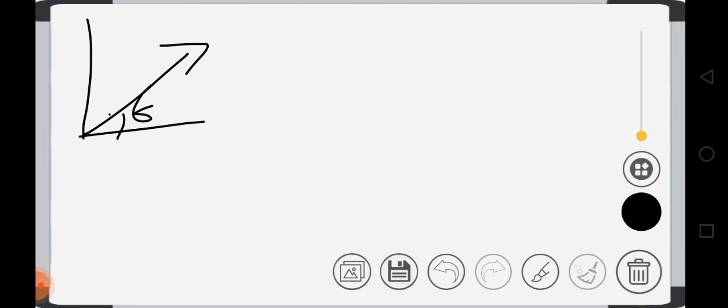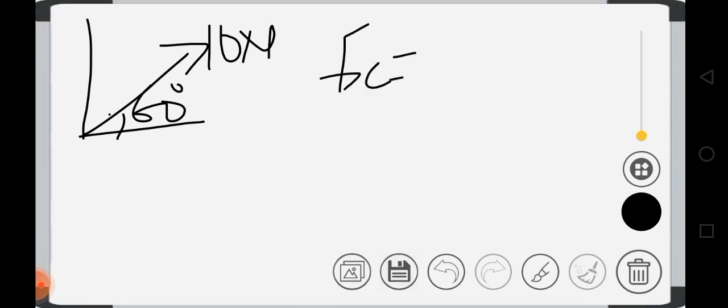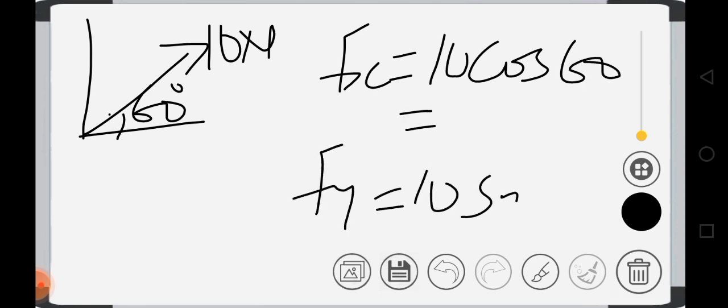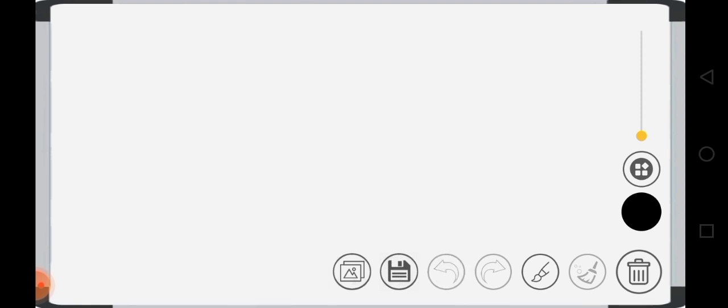Here's 60 degrees, here's 10 newtons. F of x will be 10 cos 60. Check if you can do that. F of y will be 10 sin 60. Check if you can also do that. Then the other one is something like this.